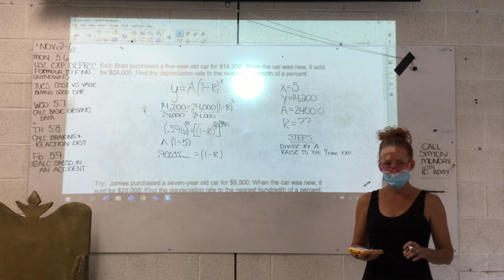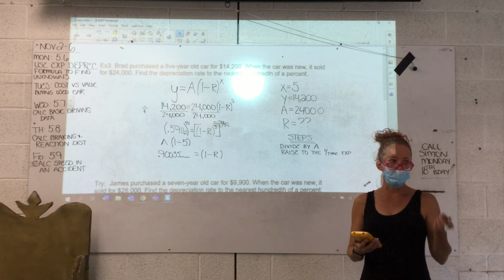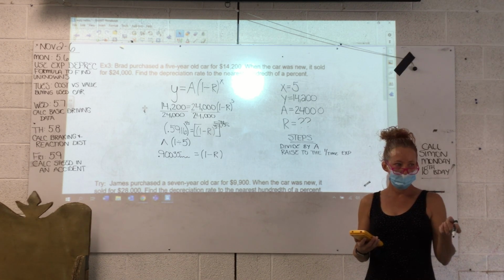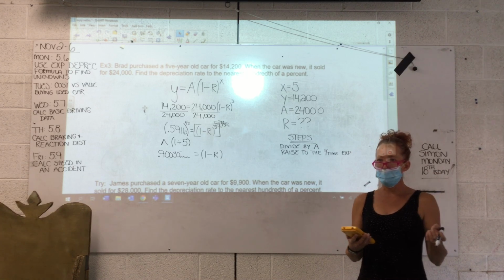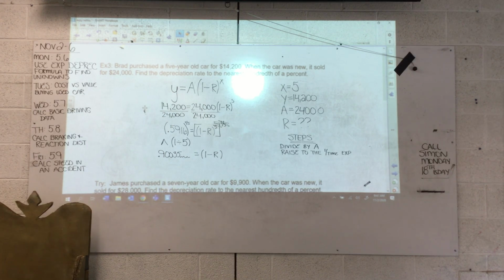You have to put the exponent in parentheses. Look at mine: parenthesis, 1 divided by 5, parenthesis. Yeah, it's because it wasn't in parentheses. That's what I'm saying.